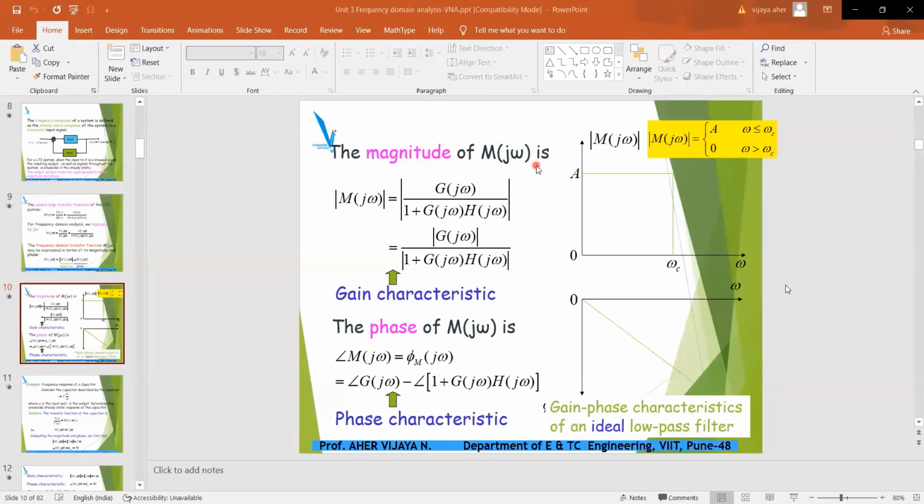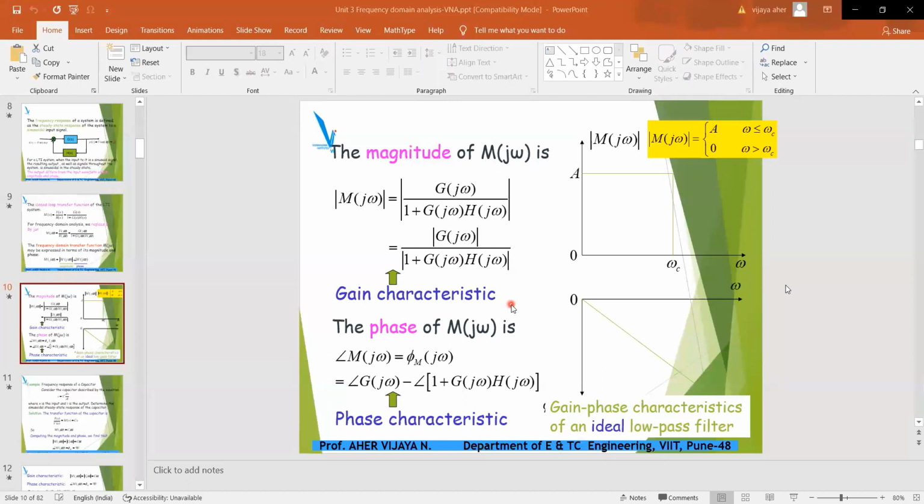So the first term, you got it, magnitude. Now let us talk about phase. This equation is nothing but the gain characteristics in frequency domain analysis. This above equation, we are calling the gain characteristics of your transfer function in frequency domain analysis.